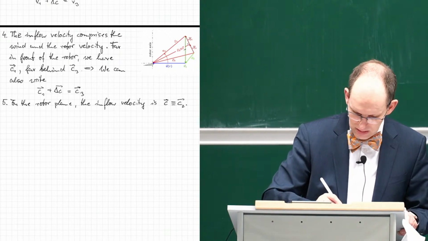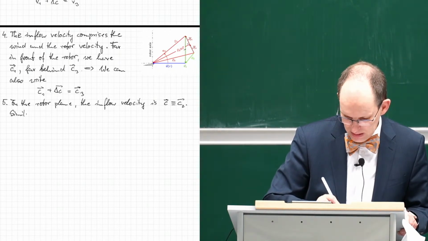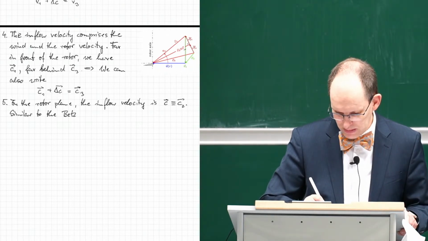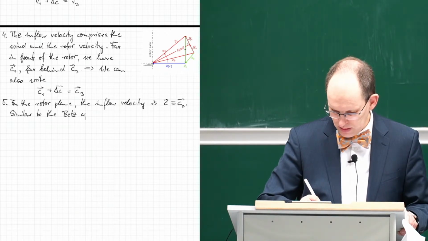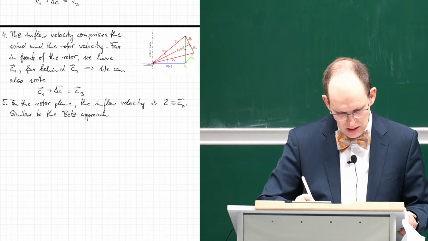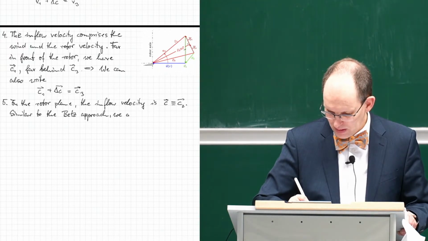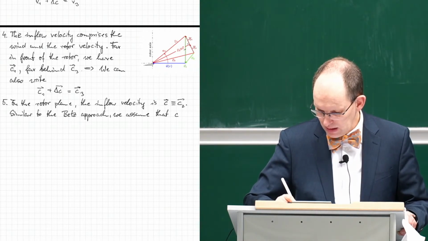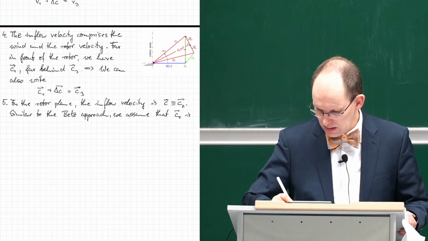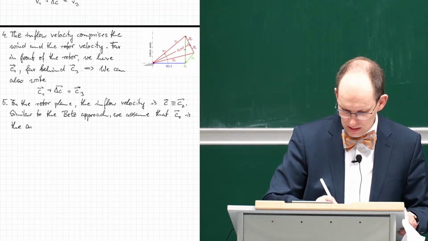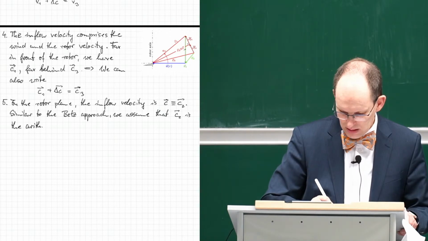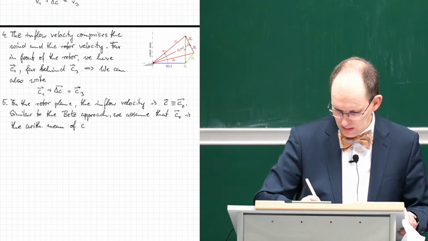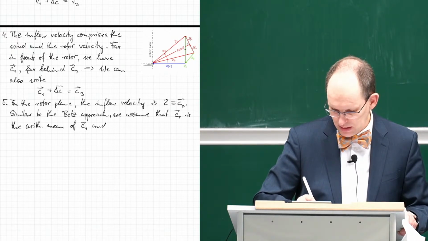And now the important point, similar to the Betz case of an ideal windmill, of the Betz approach, we assume that C2 is the arithmetic mean of C1 and C3.